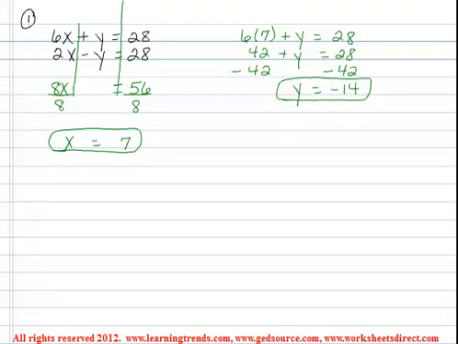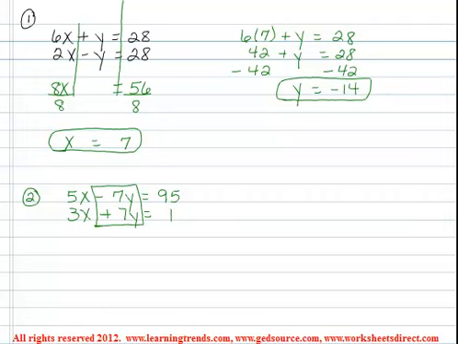Let's take a look at our second problem from our worksheet. Our first equation is 5x minus 7y equals 95. And our second one, we have 3x plus 7y equals 1. Now you'll see right here we've got a minus 7y and a plus 7y.